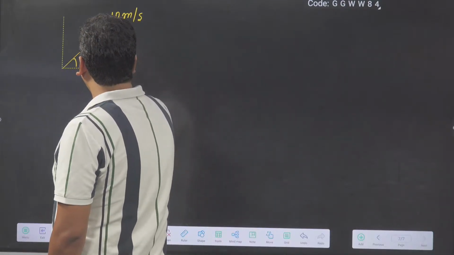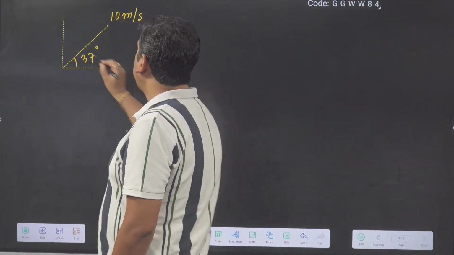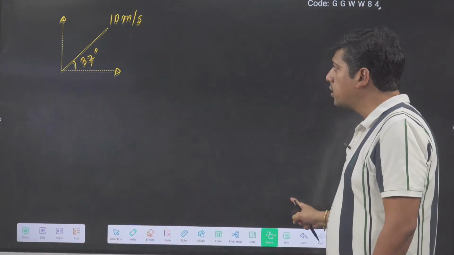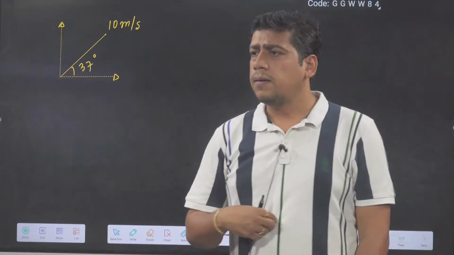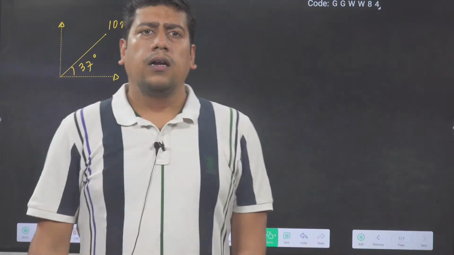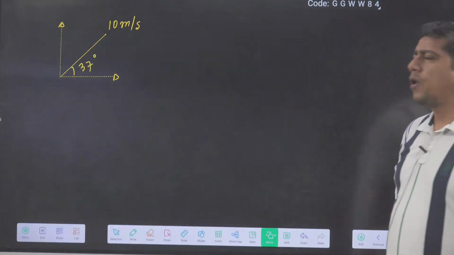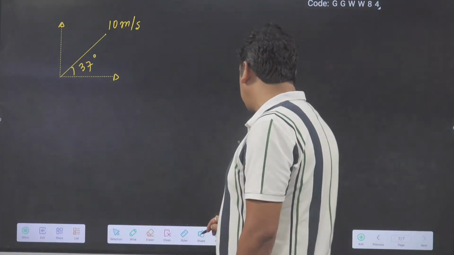This angle is 37 degree. Find the x and y component of the velocity. Let's first solve such simple questions, then only we will move towards those questions. 10, 37 degree. Find the x component of velocity and y component of velocity.